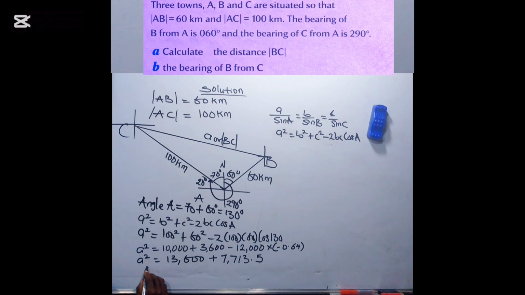So a squared will be equal to plus 13,600. That gives us 213.5.